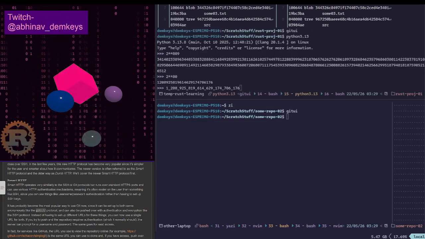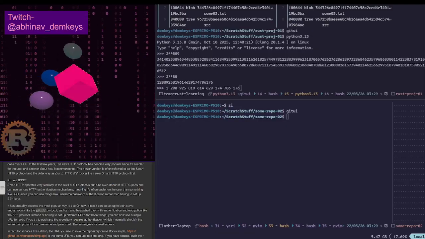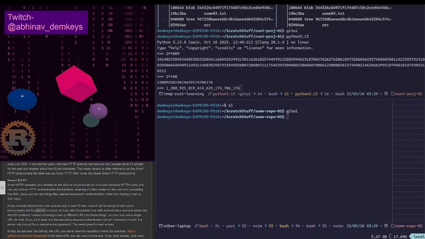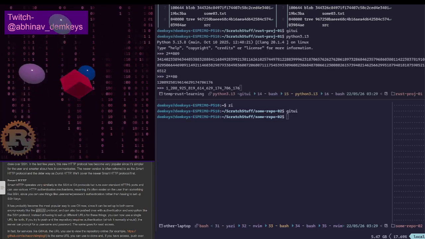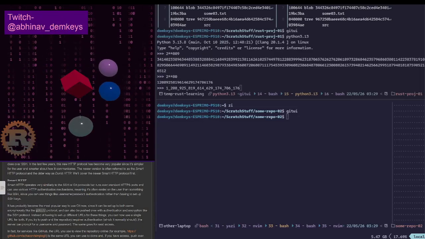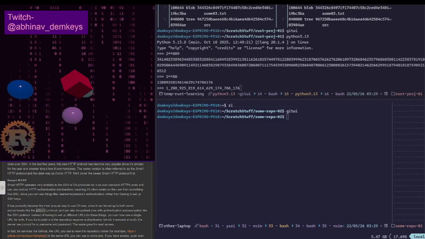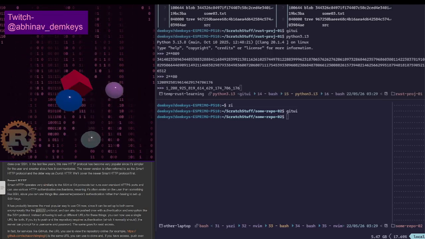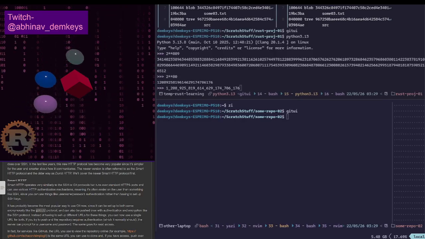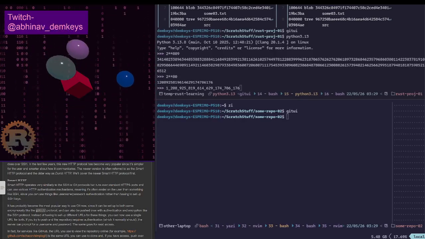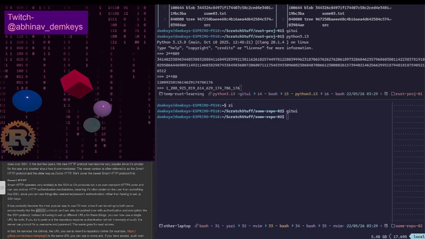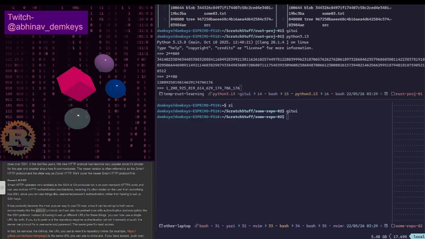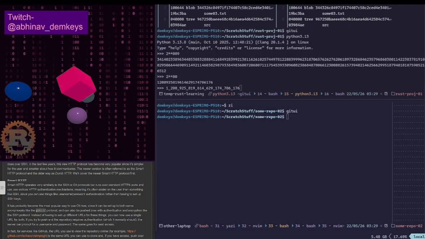In your browser, assuming you are already logged into GitHub, and if you're not, you have to log in first, it's going to ask if you want to authorize so and so application to do stuff.